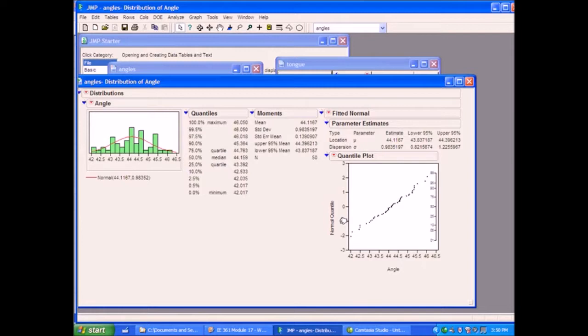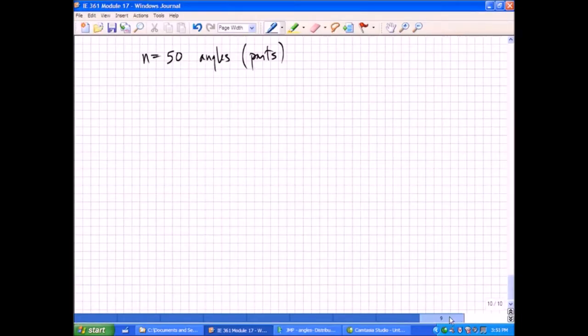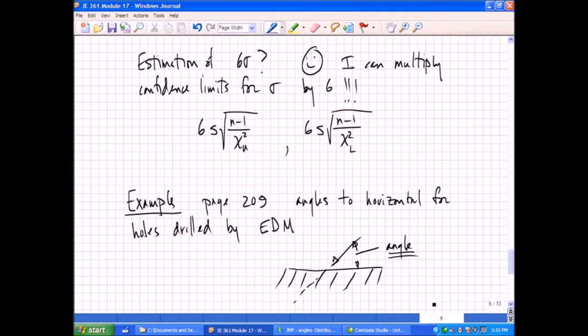We're going to use a normal distribution assumption, and under that assumption I can go ahead and use this kind of a formula to make confidence limits for 6 times the standard deviation.